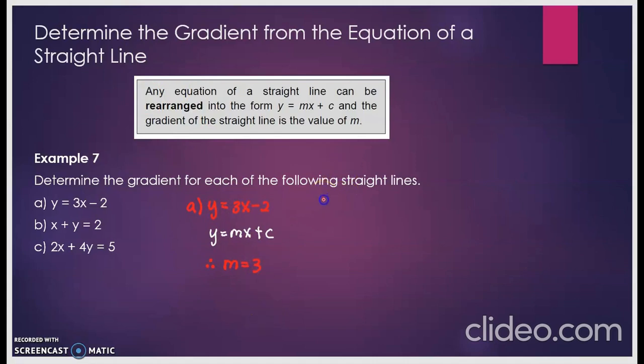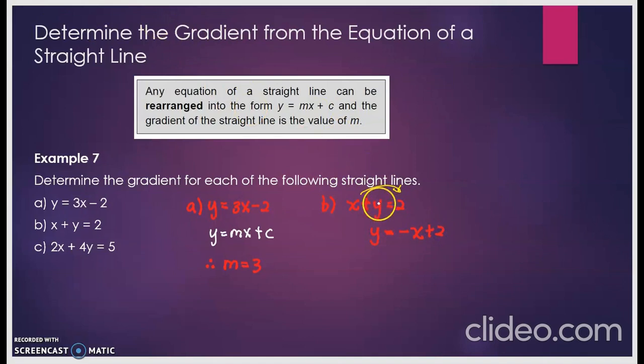If you look at question B, x plus y is equal to 2. Now this is not in the standard form, which is y is equal to mx plus c. So what I have to do is move x to the right hand side. So it will become y is equal to negative x plus 2.